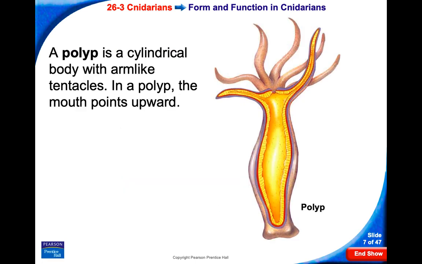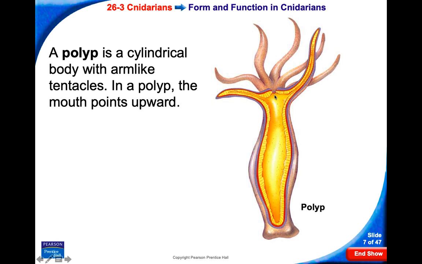Okay, and a polyp is a cylindrical body, so you can see this area right here, for the most part, is the main body of the polyp, and then it has lots of arm-like tentacles. Usually those arms are upwards. And I know it's not labeled on here, but right here would be the mouth.